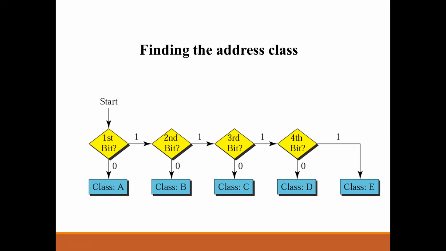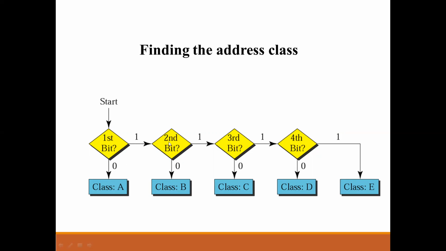Here you can see the method to find the class of the address. We start from the first bit, and the first bit is to be checked in this decision box. If the first bit is 0, then this is class A. If it is not 0, if it is 1, then we go for the second bit.